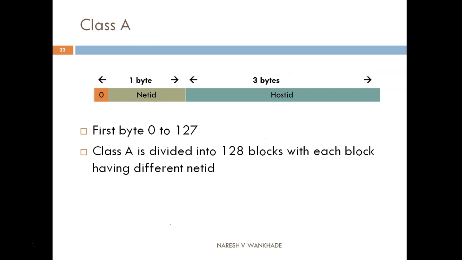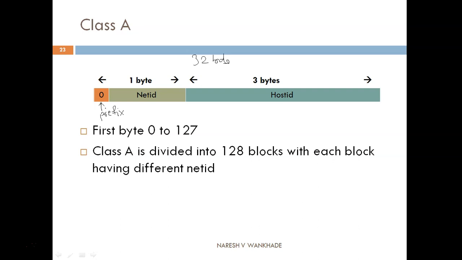Let's see class A here. We have seen that this complete address is of 32 bits, means 4 bytes, and it has a net ID of 1 byte and a host ID of 3 bytes, and this 1 byte which is there for the network ID includes the beginning bit, that is 0, which is there for the prefix.